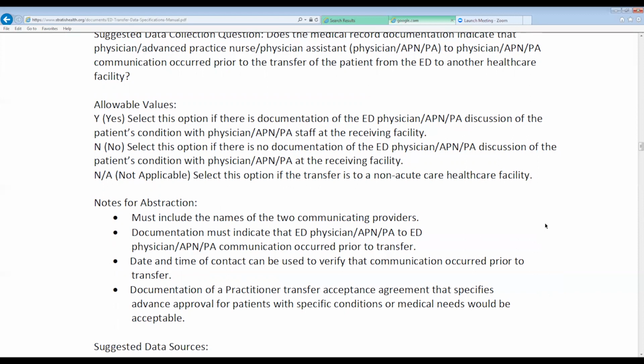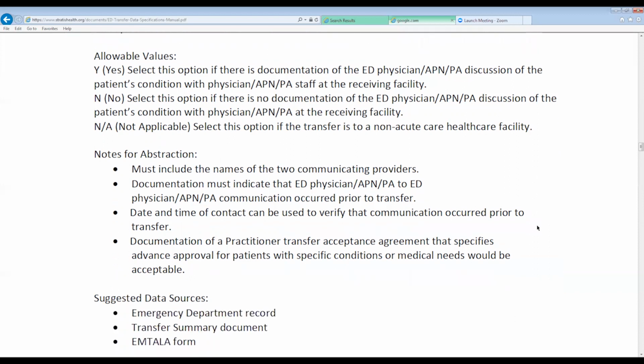an EMTALA form. And again, if I didn't mention this before, this whole ED record is a source document. So you don't have to have one page that's got all of this on it. If you've got a few things on this EMTALA form, great. Maybe the reason for transfer and plan of care is on there, and the physician documentation, physician to physician, is on here, and maybe the healthcare, that's great.